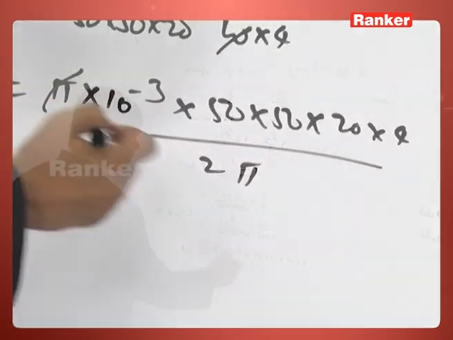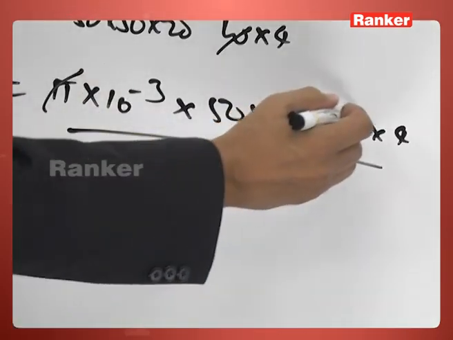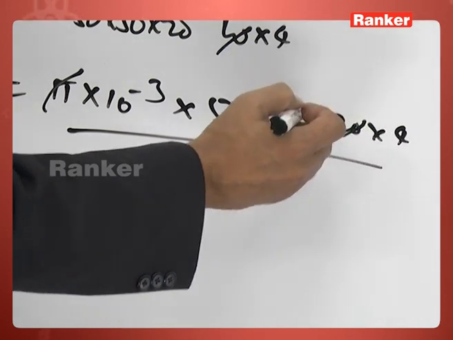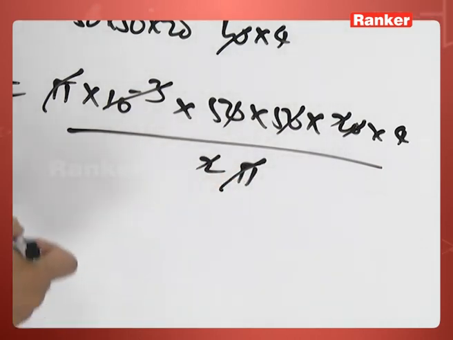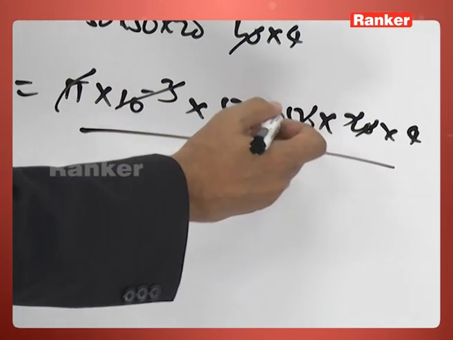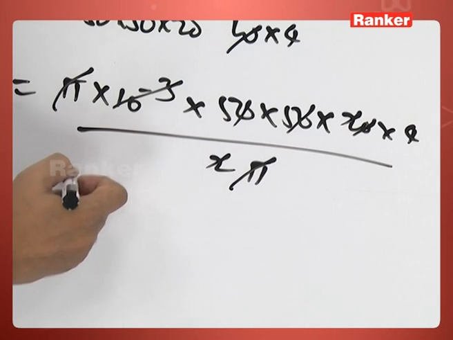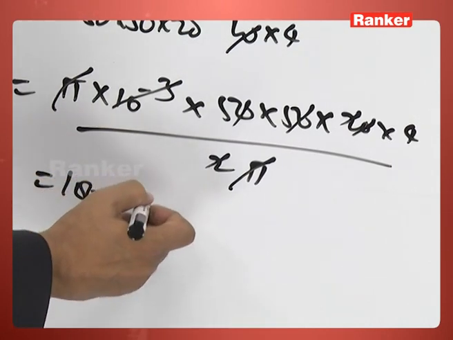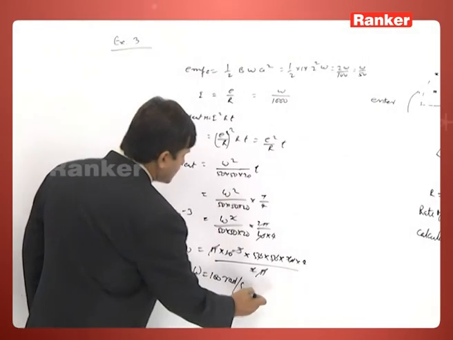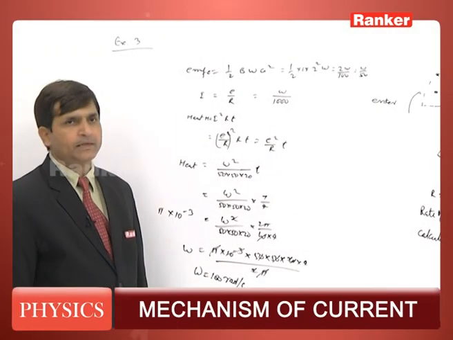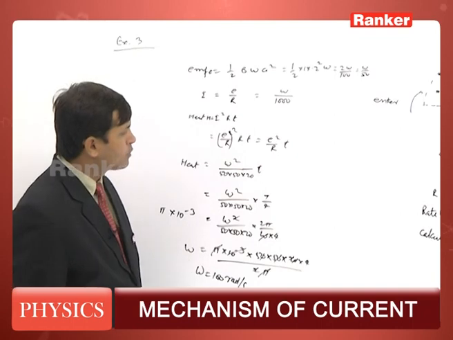The pi and pi just cancel, and the 2 and 2 cancel, and this here is 25 into 4, which is 100 radian per second. This is the value of omega. In this manner we can calculate the omega.